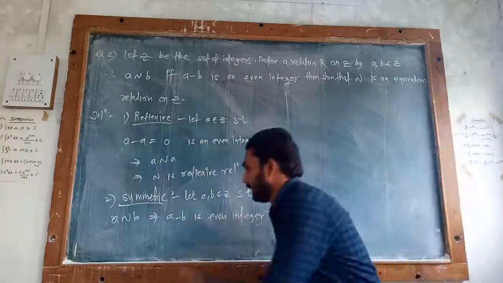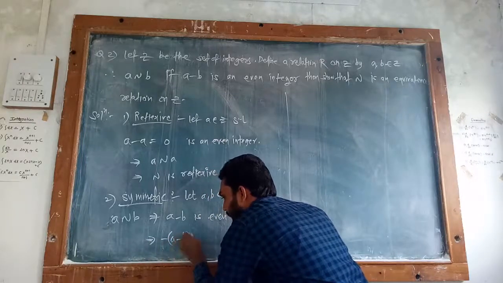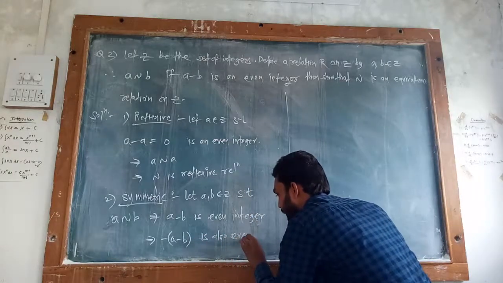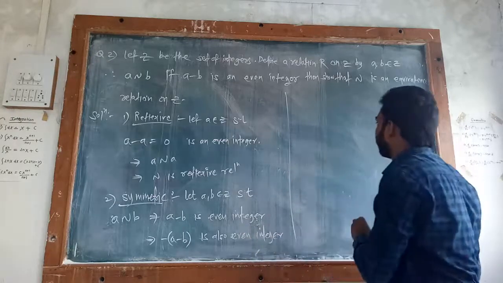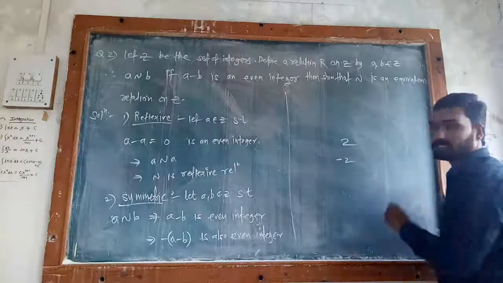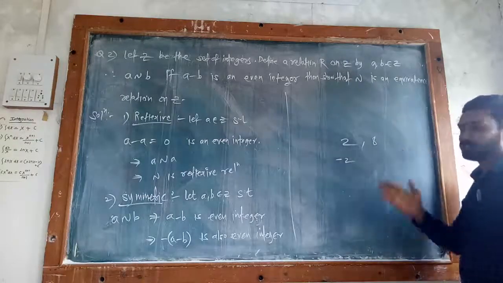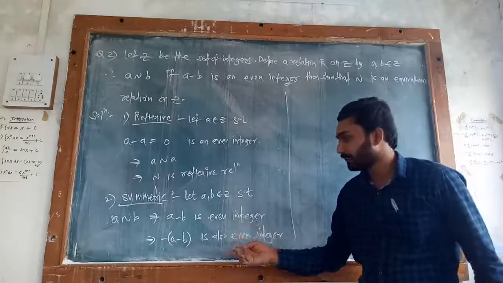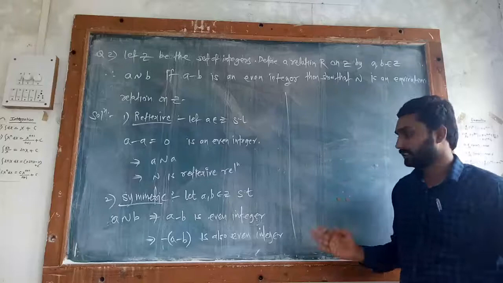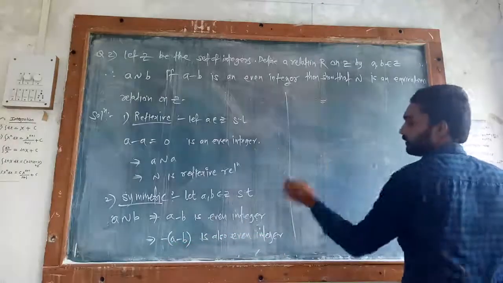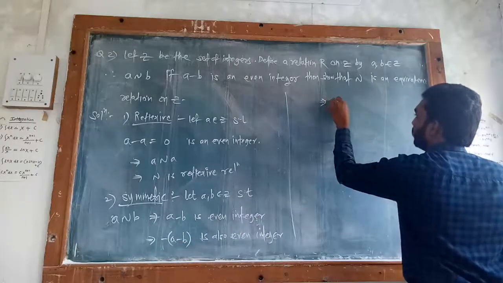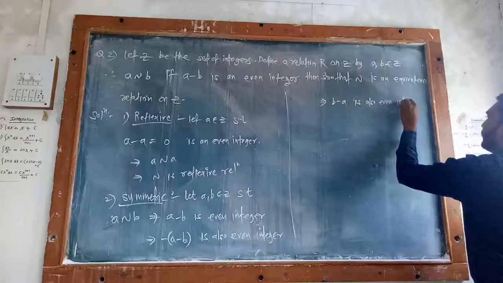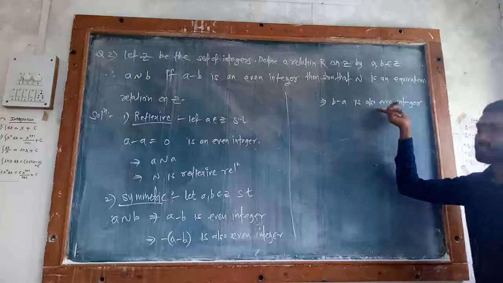Now we know that if a minus b is an even integer, then minus of a minus b is also an even integer. Why does this happen? Just as 2 is an even integer, then minus 2 is also an even integer; same with 8 and minus 8. So using this, if a minus b is even, then minus of a minus b is also even. Take the minus sign inside, then minus of a minus b becomes b minus a, which is also an even integer.